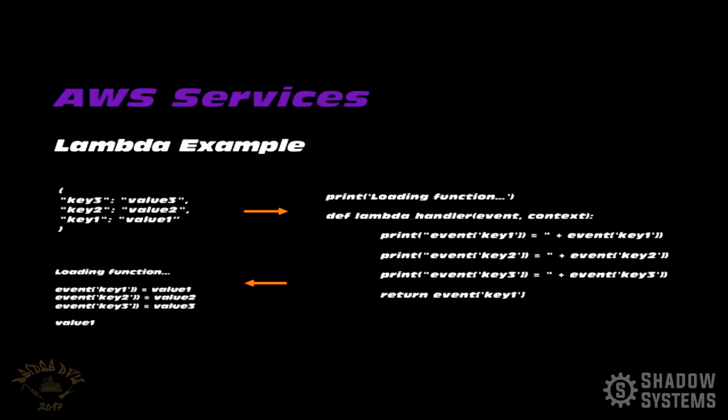It passes two arguments, event and context, and we're just going to print those values out. Print event key 1, event key 1 value, and so on. And then we're going to return a value, because we may want to do that, and that might trigger another event that does something else. So see the top here, code on the right, this is the output. Loading function, it's printing out the values, and then it's going to return a value.